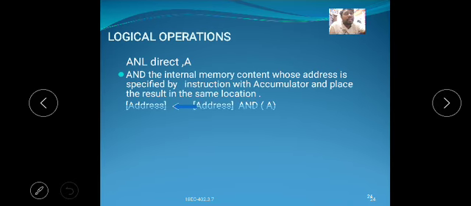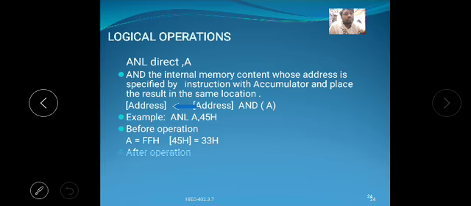ANL direct comma A. AND the internal memory content whose address is specified by the instruction with the accumulator and place the result in the same location. Address AND A. Example: ANL 45H comma A. Before operation A is equal to FFH, the address of memory location 45 content is 33.